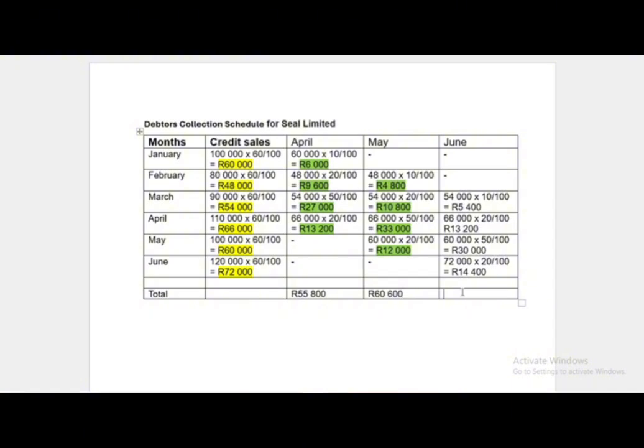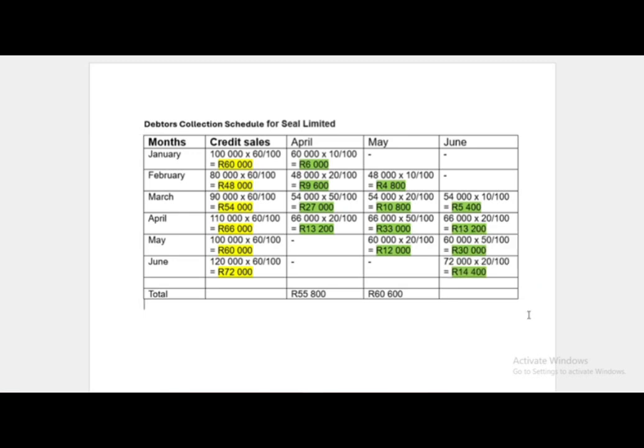Let's go to the collection for June. Collection for June, remember, you have to say 5,400 plus 13,200 plus 13,200, okay? And then plus 30,000 plus 14,400.